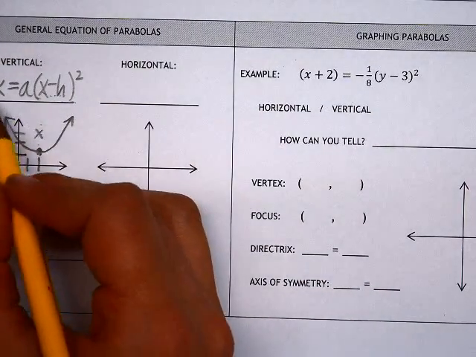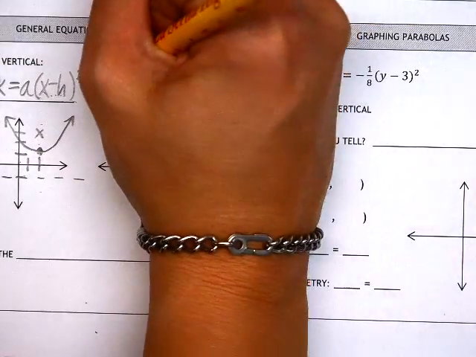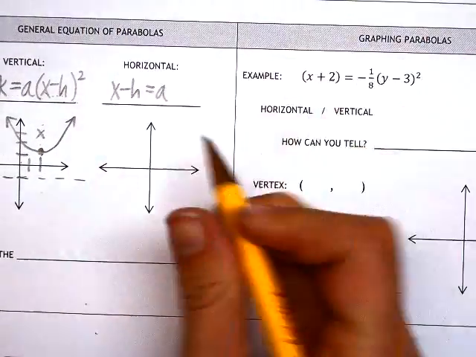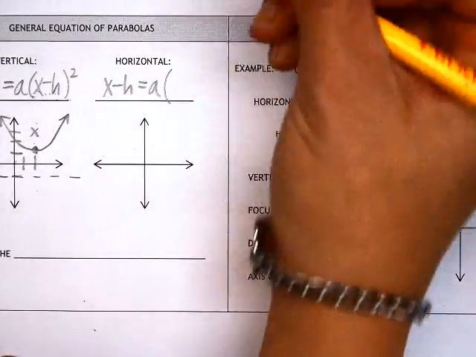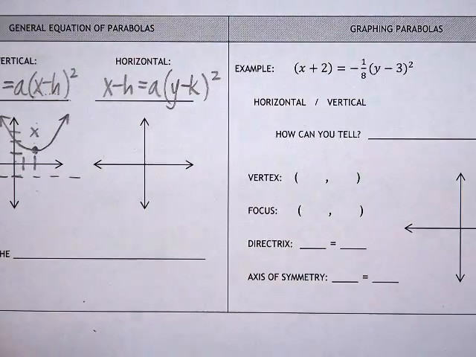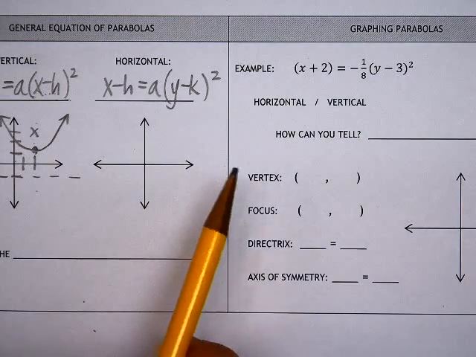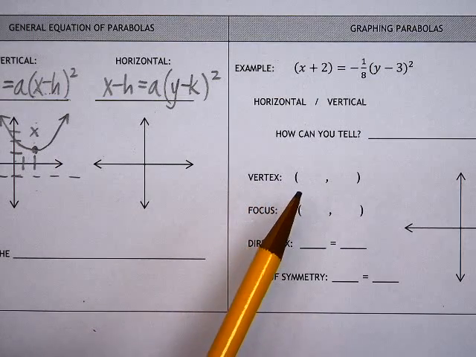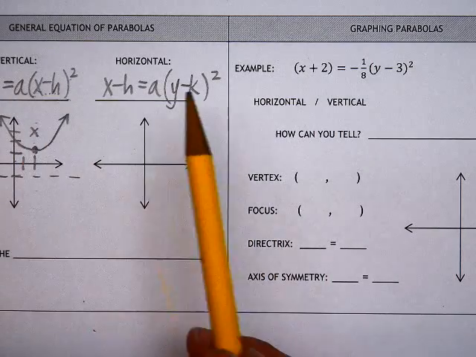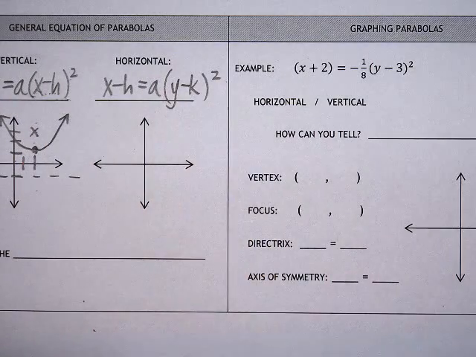So instead of starting with y minus k in a horizontal, we start with x minus h. The a value remains the same, and we'll talk about that in a second. And since, again, we swapped, that means it's the y minus k in the parentheses being squared. Depending on which letter is being squared, you'll know if you're vertical or horizontal. Vertical parabolas have x squared, horizontal parabolas have y squared.